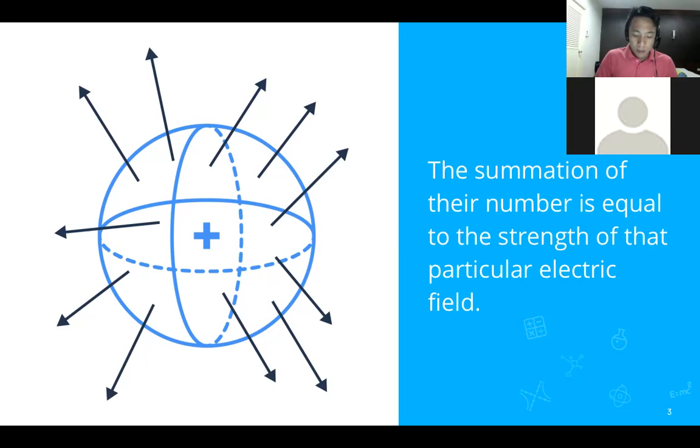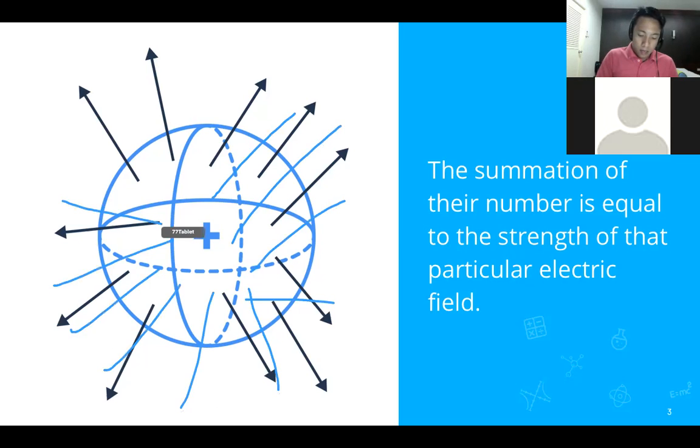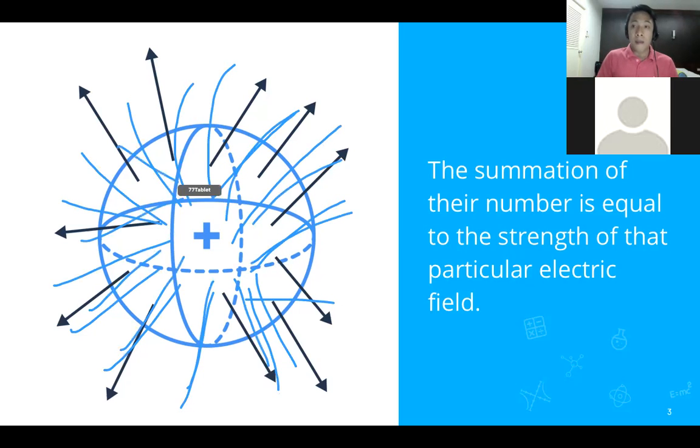Okay? So kung mas marami yung lines or electric field na lumalabas dyan, ibig sabihin mas malakas yung flow or mas malakas yung strength of the electric field. So that is why we call this summation. Summation of their numbers equal to the strength of that particular electric field. Kung mas marami, mas malakas. Kung mas konti, mas mahina. Okay?